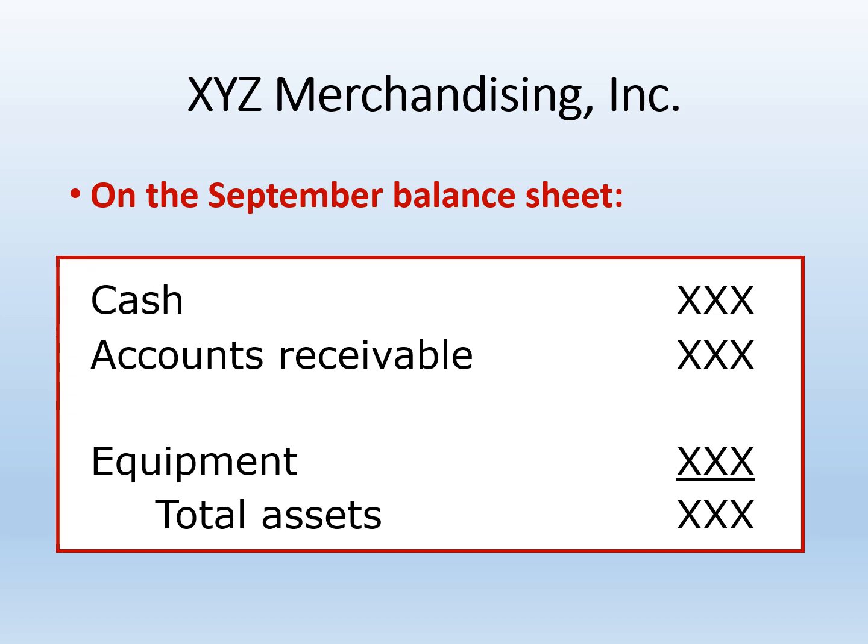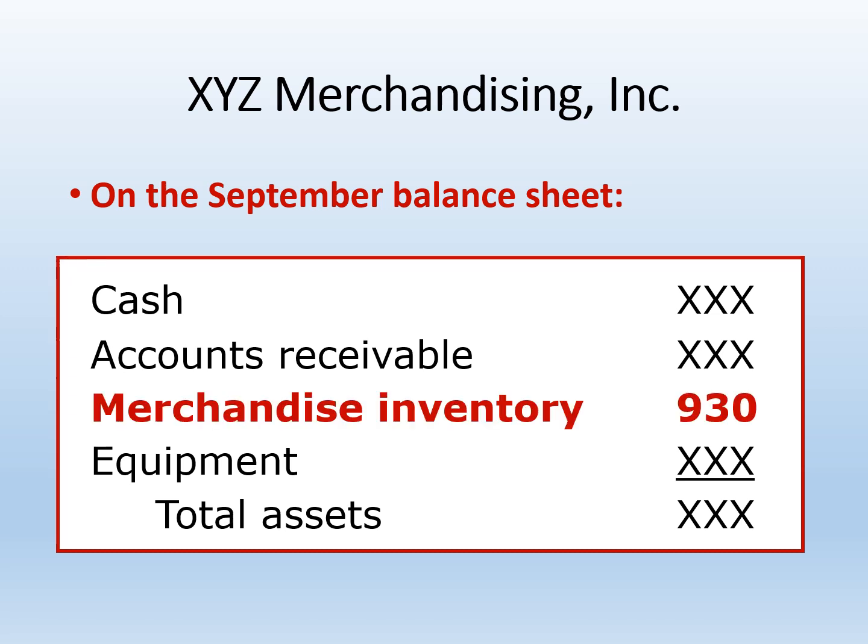Here is a partial balance sheet for XYZ for the month of September. And that $930 of merchandise ending balance would show up among the current assets.